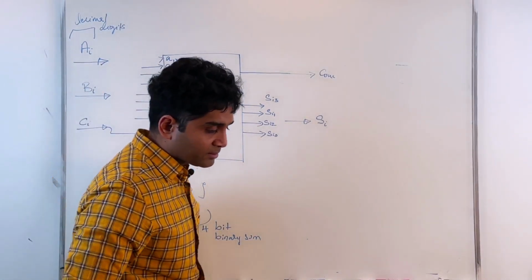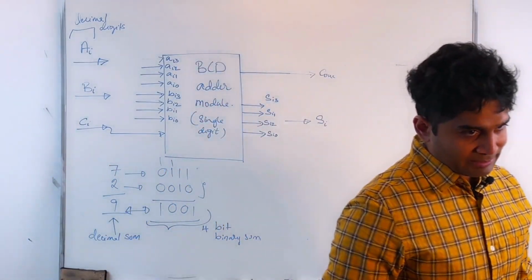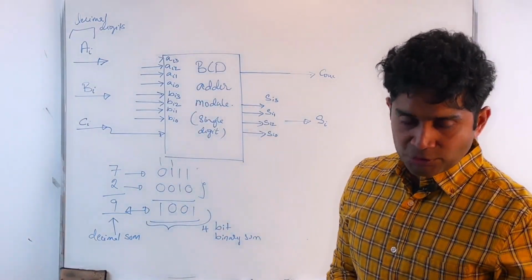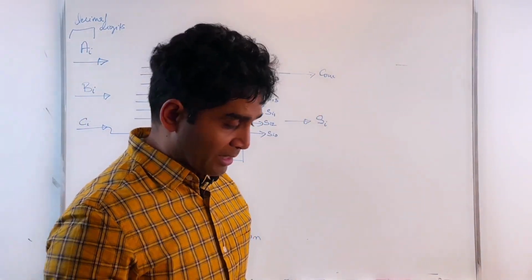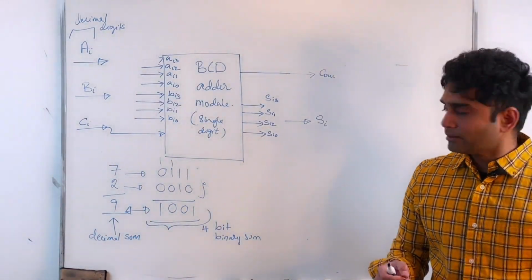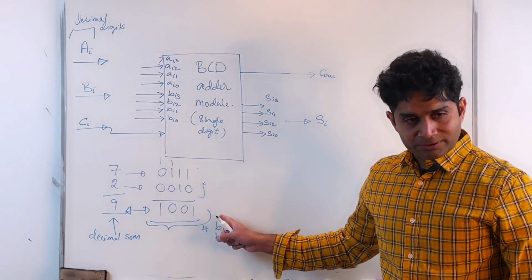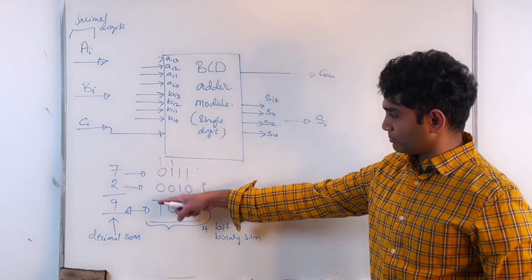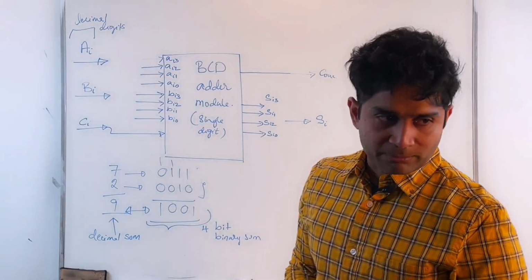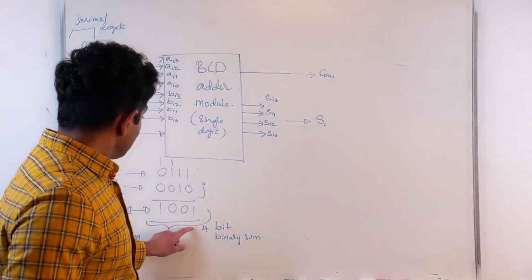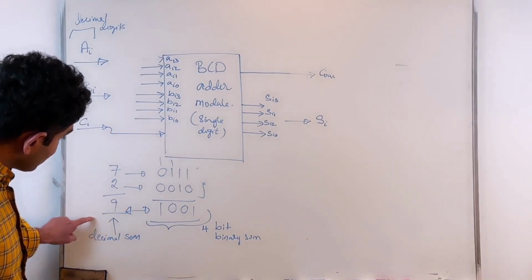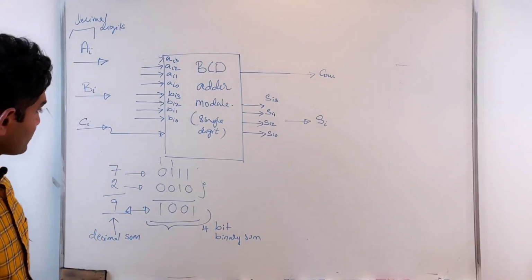What that means is I may be able to get by, instead of designing an entirely new adder that's specific to a binary coded decimal addition operation, using existing 4-bit binary adders, because all I'm doing here is really adding two 4-bit binary numbers together to get the sum. And in this particular example, it looks like the decimal sum is equal to the binary sum.